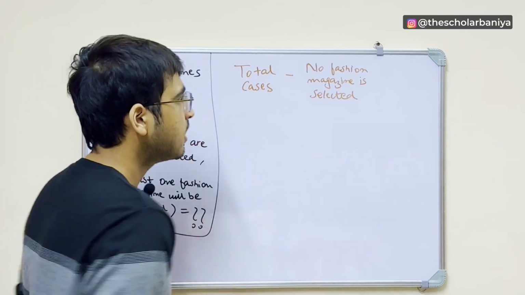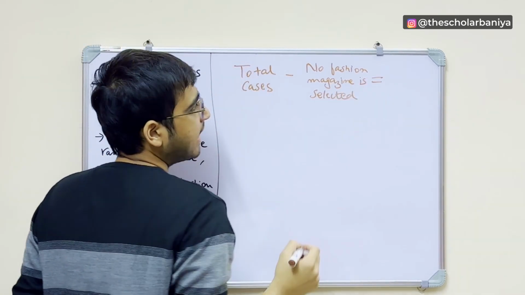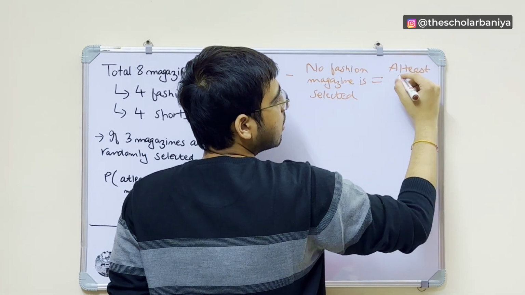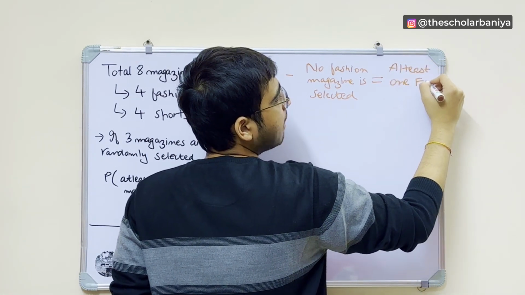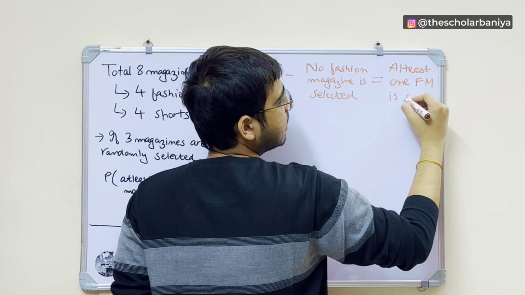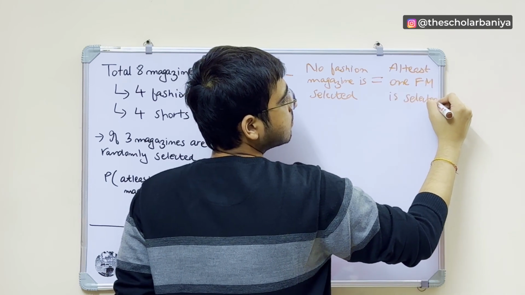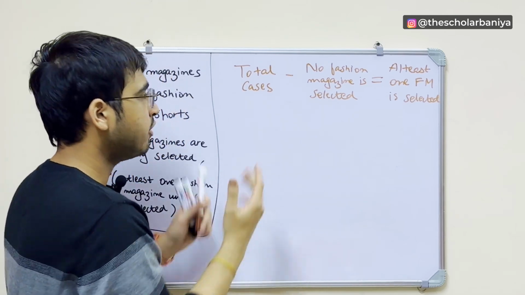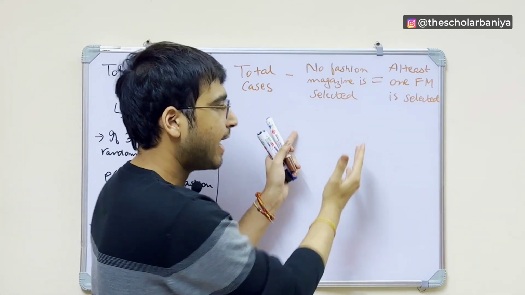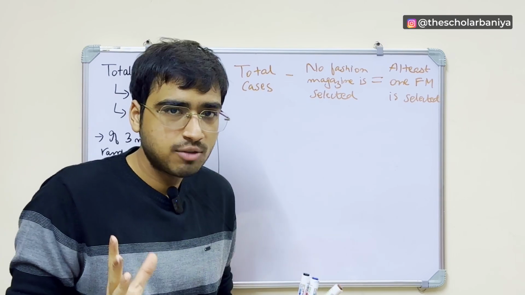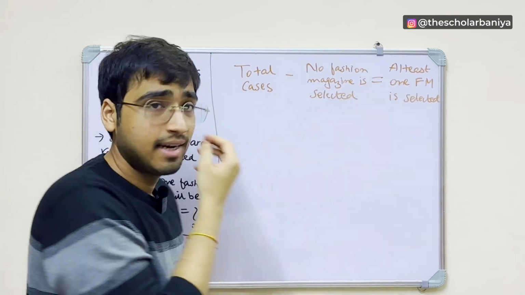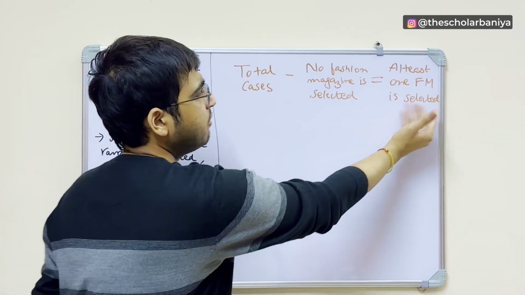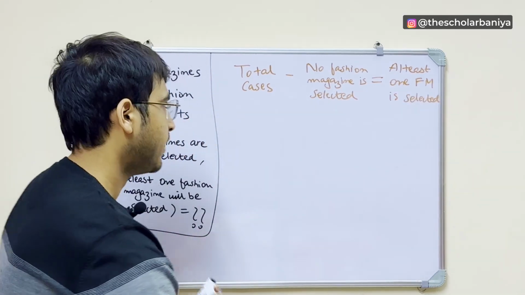So what we will get is at least one fashion magazine is selected. FM is fashion magazine, I've just written the short form for now. So if you take the total cases and you subtract that no fashion magazine is selected, you will automatically get that at least one fashion magazine is selected. Now there can be 1, 2, 3, whatever, we don't care, right?